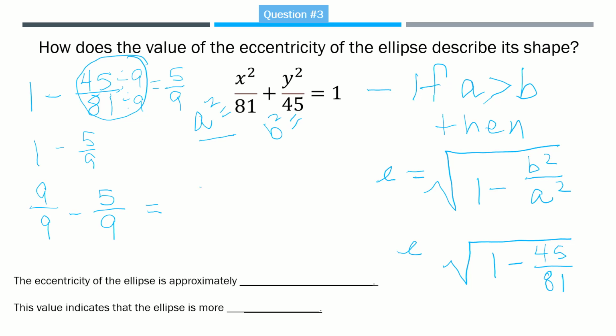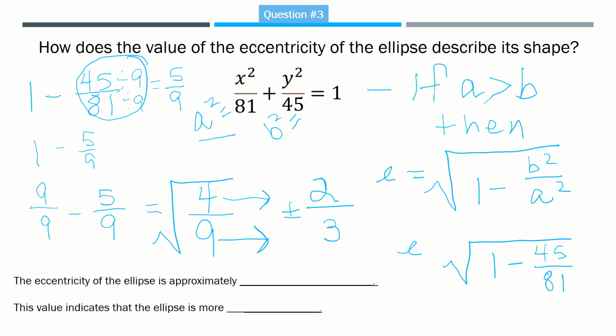9 minus 5 is 4. So 1 minus 45 over 81 is 4/9. Now we want the square root of that. And 4 is a perfect square, so we can take that out from under the radical as 2. And 9 is a perfect square. Square root of 9 is 3. So this comes out as plus or minus 2/3.